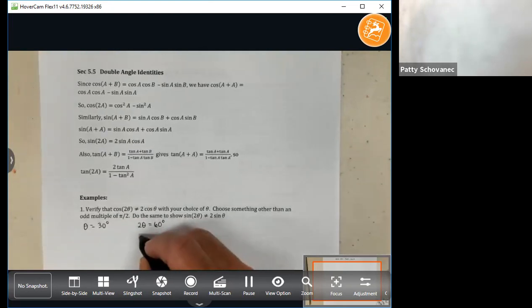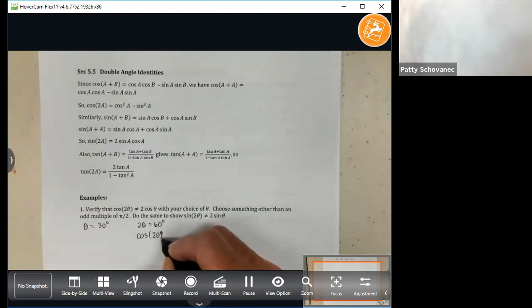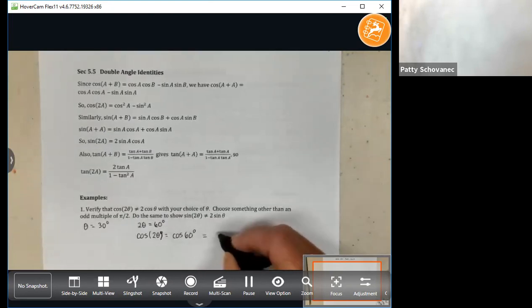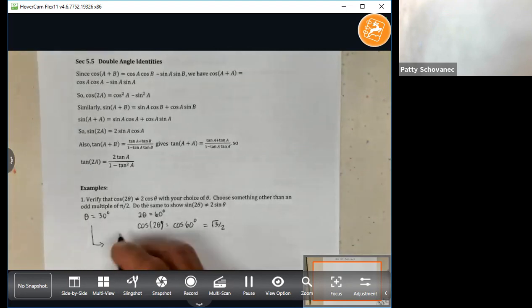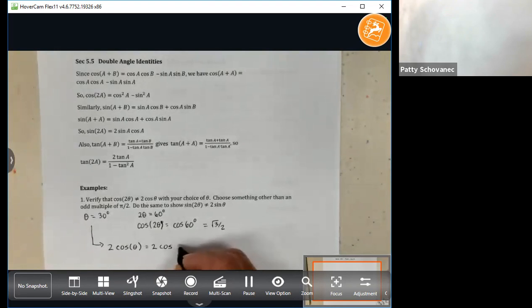And so if I want to compute the cosine of 2 theta using these examples, then that's just the cosine of 60 degrees. Cosine of 60 degrees is square root of 3 over 2. If I want to compute 2 times the cosine of the single angle, that is 2 times the cosine of 30 degrees.